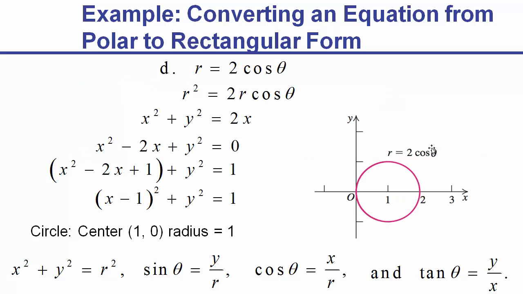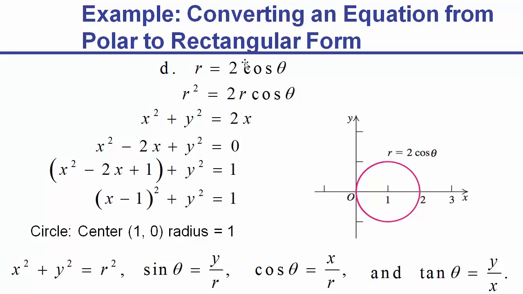Last but not least, they give us r equals 2 cosine theta, and you go, well, again, I see r and I see cosine theta, so with the cosine theta piece, I'm going to do this substitution, and I'm just going to get 2 r cosine theta, right? What we did here is we multiplied both sides by r because we want to get rid of everything, right?